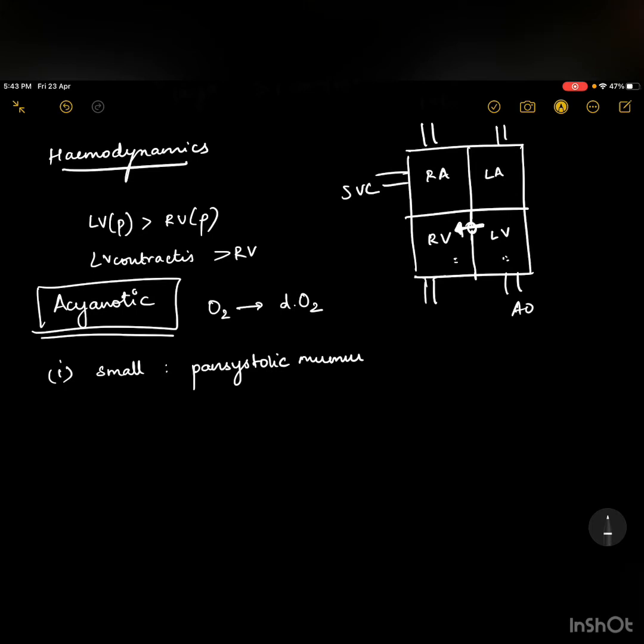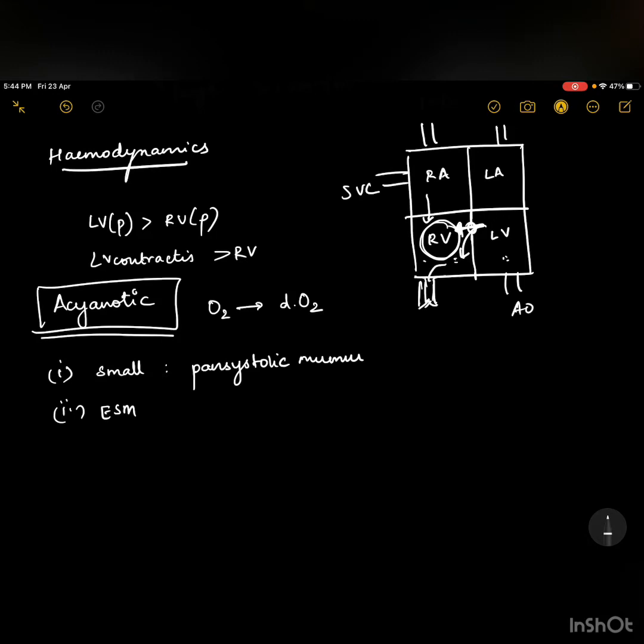And the second that can be heard is an ejection systolic murmur, and this is because the right ventricle now contains blood from both the right atrium as well as blood coming from the left ventricle. There's a large amount of blood being accumulated in the right ventricle, and this will lead to an ejection systolic murmur at the pulmonary valve here.